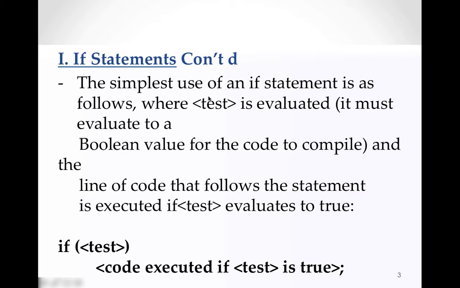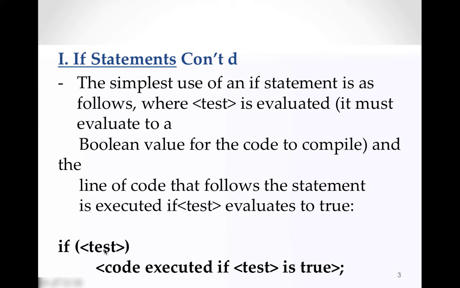The simple use of an if statement is as follows, where test is evaluated. It must evaluate to a Boolean value for the code to compile, and the line of code that follows the statement is executed if test evaluates to true.